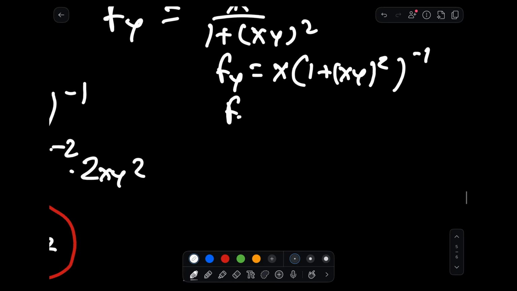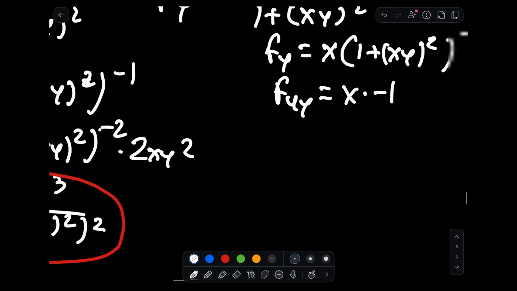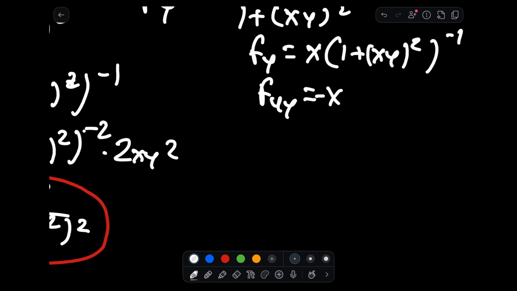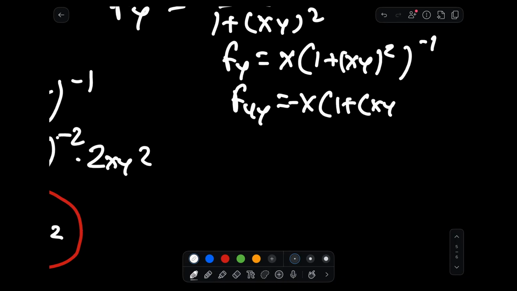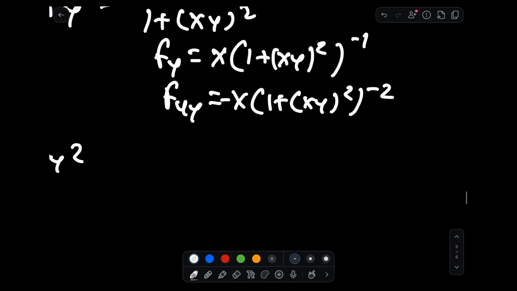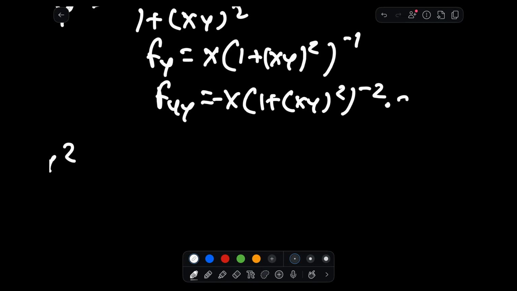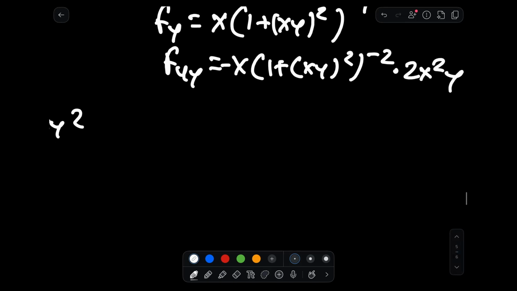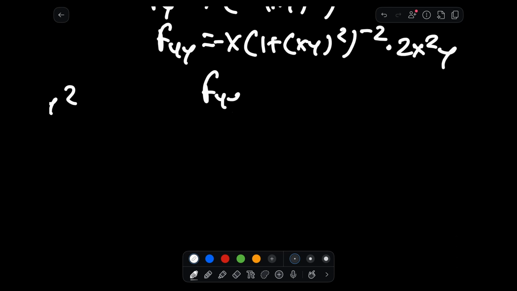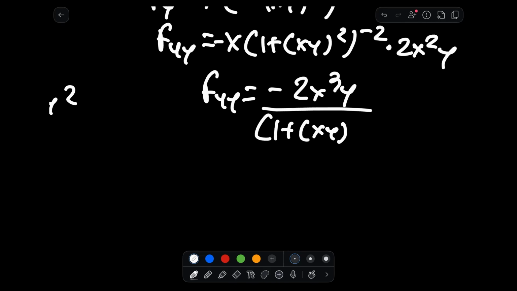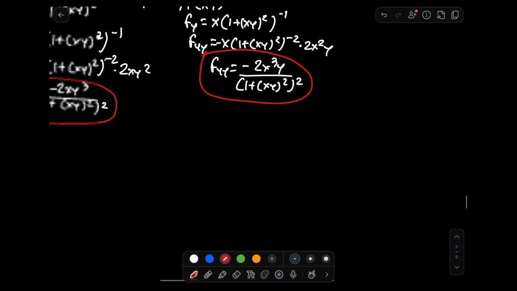And then we have f sub yy equal to negative x times 1 plus xy squared times 2x squared y. And then we get f sub yy to equal negative 2x cubed y all over 1 plus xy squared. And then that's our answer for that.